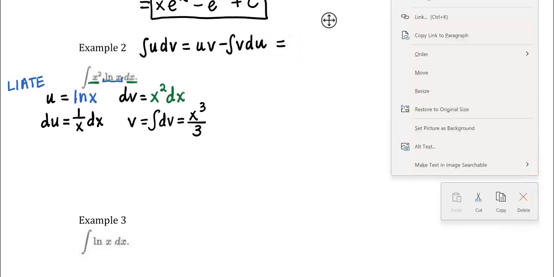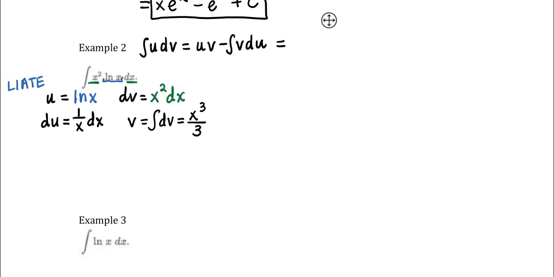So we have u multiplied by v. U is natural log x, and that's being multiplied by x cubed over 3. I'm going to write the x cubed over 3 in the front. From that, we subtract the integral of v du. V is x cubed over 3, and du is 1 over x dx.